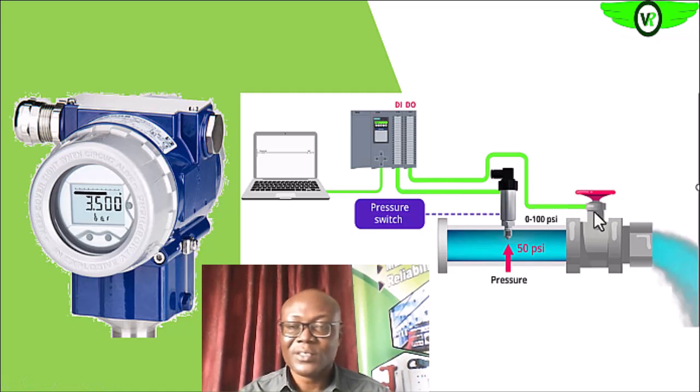So this one is basically to control flow, and as the flow is controlled, the pressure is monitored. If the pressure is high upstream of this valve, flow could be increased to reduce this pressure.